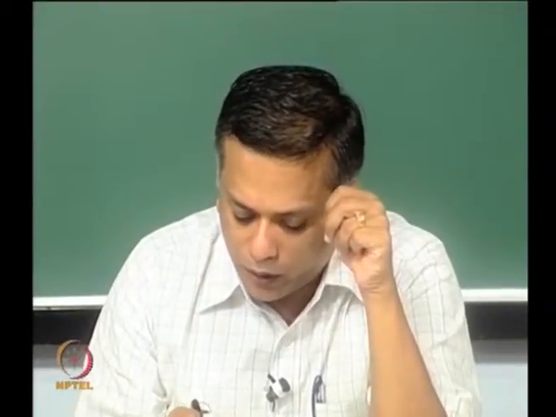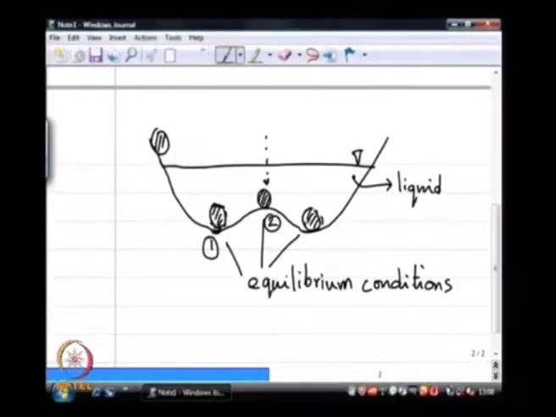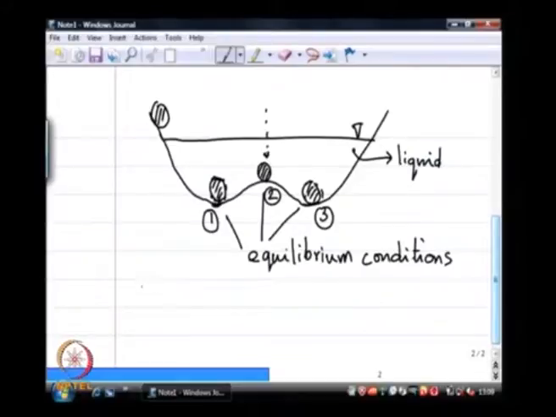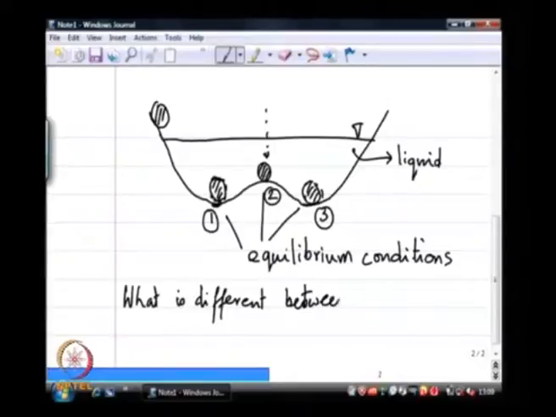The fundamental difference is this. I will number these equilibrium conditions as 1, 2 and 3, and I am asking this question: what is different between 2 and 1? I am going to leave 3 out because 3 is the same as 1 for now. Okay.